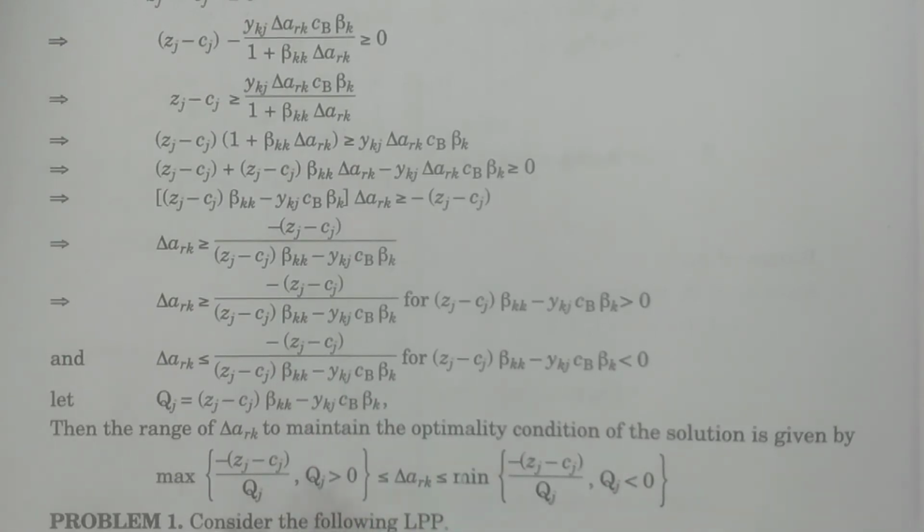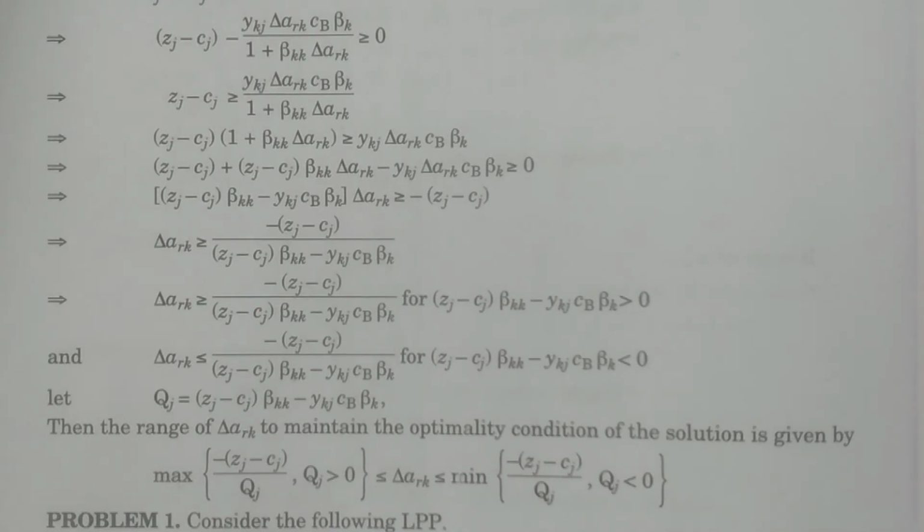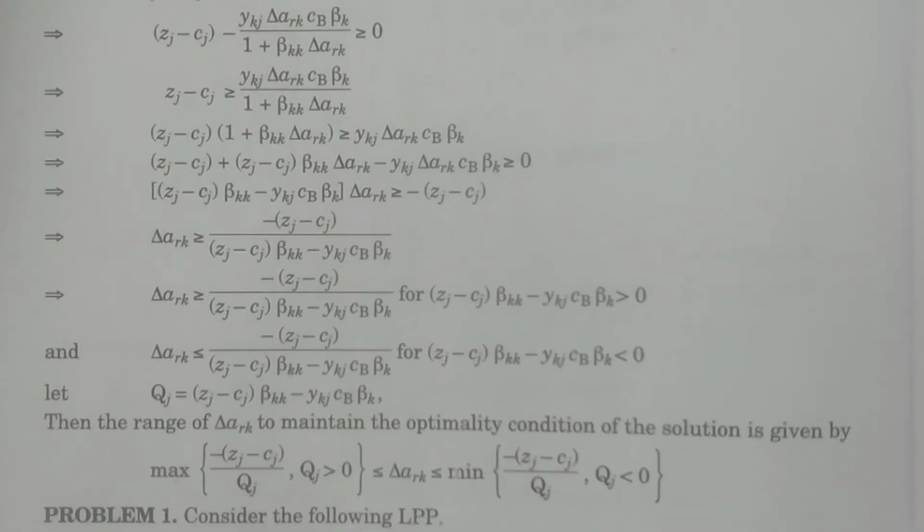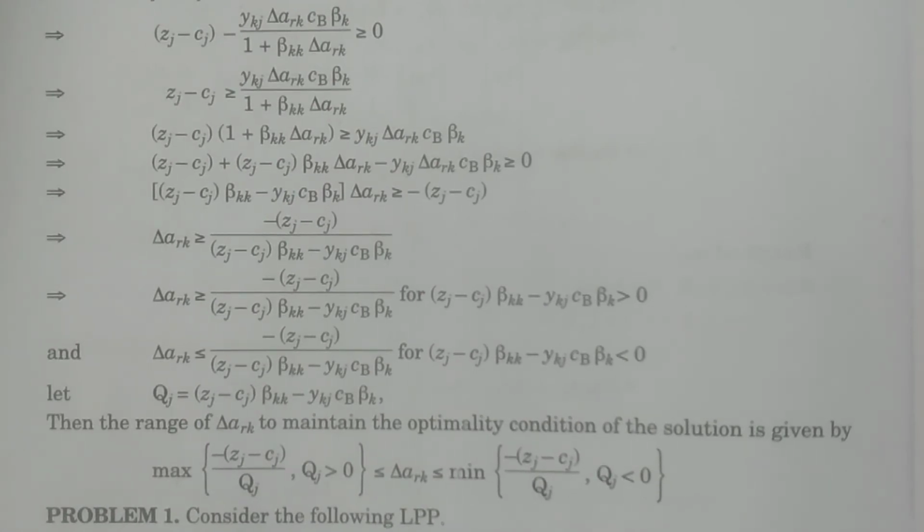So that is the range of delta Ark. Hope you understand. This is the range of delta Ark to maintain the optimality condition. This is the theory behind the feasibility and optimality condition.